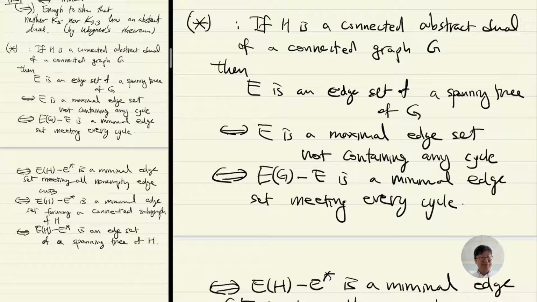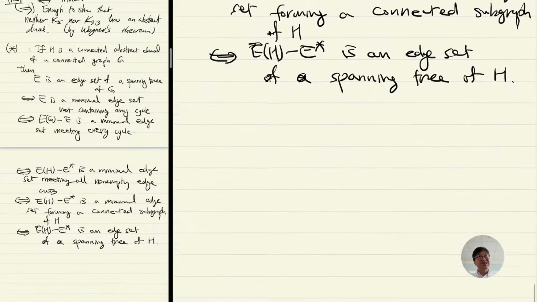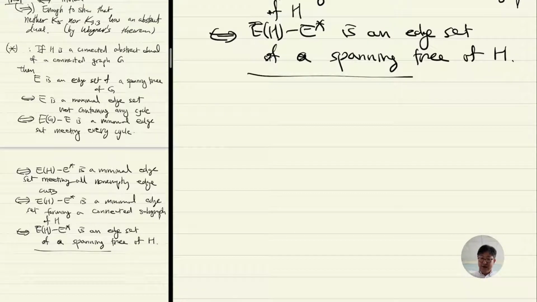What we proved is that if you have a connected abstract dual of a connected graph, then something is an edge set of a spanning tree of G if and only if its complement is an edge set of a spanning tree. So how are we going to use that?